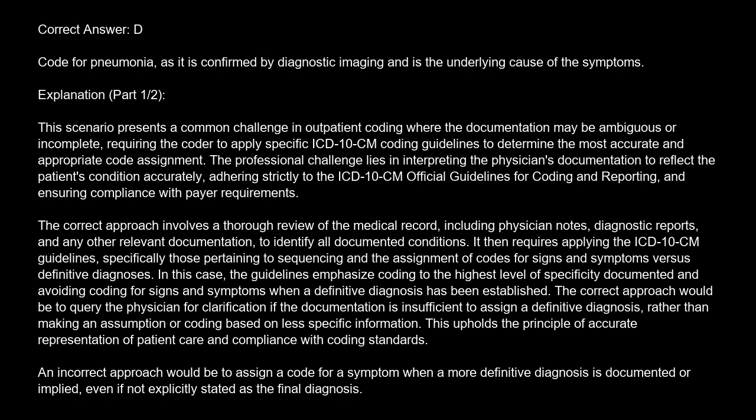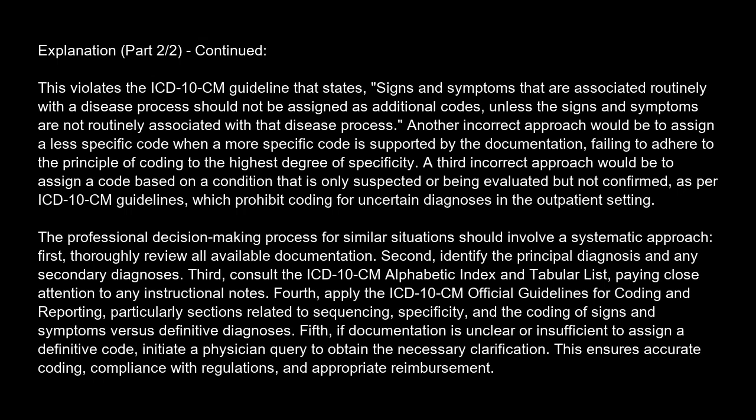An incorrect approach would be to assign a code for a symptom when a more definitive diagnosis is documented or implied, even if not explicitly stated as the final diagnosis. This violates the ICD-10-CM guideline that states signs and symptoms that are associated routinely with a disease process should not be assigned as additional codes, unless the signs and symptoms are not routinely associated with that disease process.